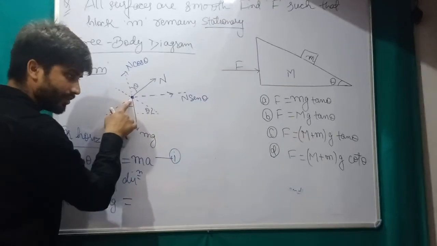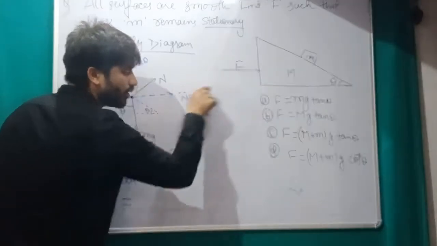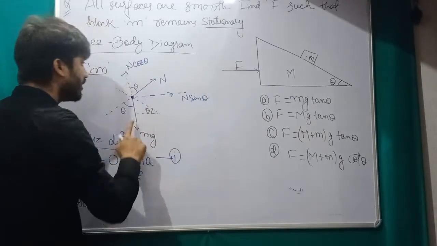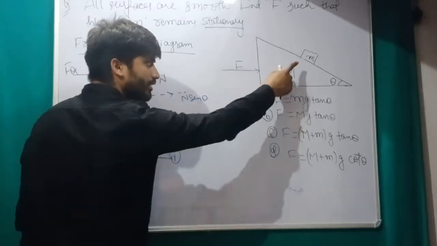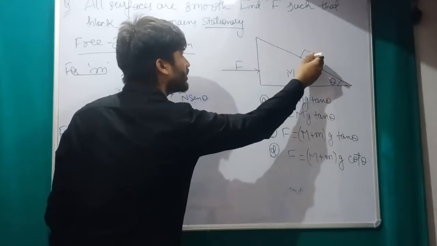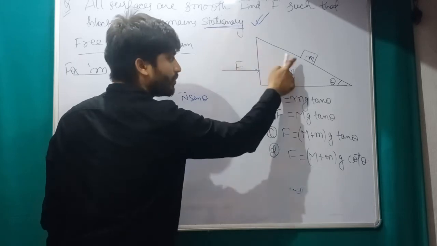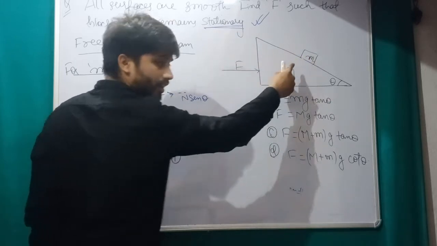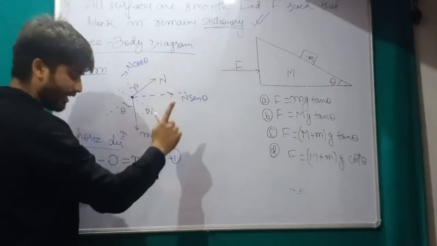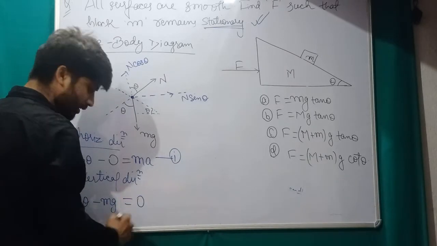Is the mass going anywhere? In the horizontal case, the mass is moving in the horizontal direction because of this force. But in the vertical direction, is this mass moving anywhere? No, because according to the question, this mass is stationary. So there is no motion and no acceleration in the vertical direction, and the right-hand side will be 0.